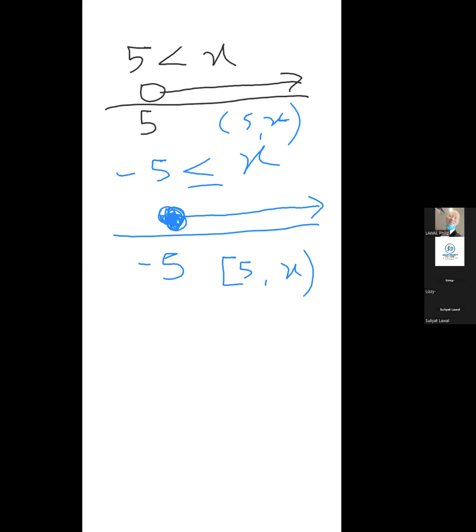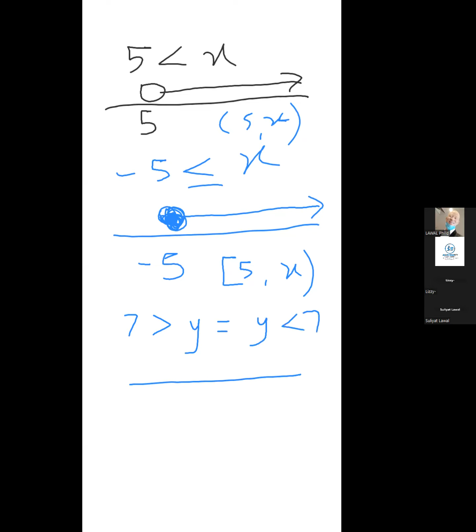The same thing with greater than. I can write 7 is greater than y. And there's nothing to worry about. 7 is greater than y. It's more or less like saying y is less than 7. You can interpret this one as y is less than 7.